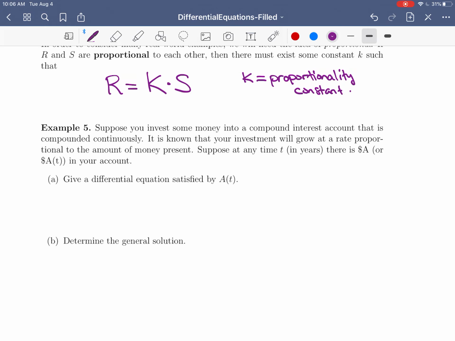Let me highlight here: your investment will grow at a rate, and we see this word proportional, to the amount of money that's there.